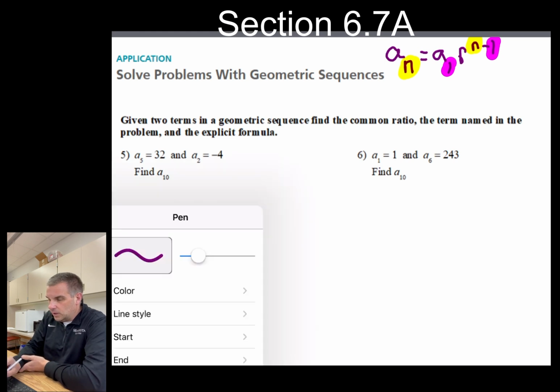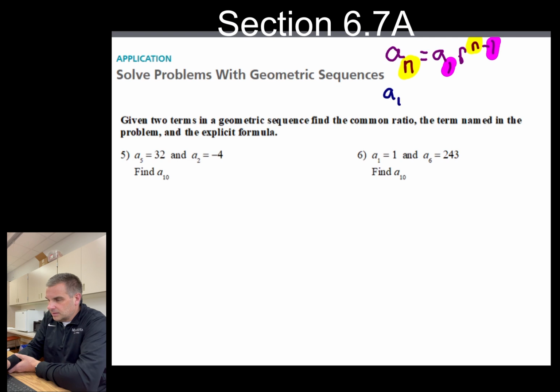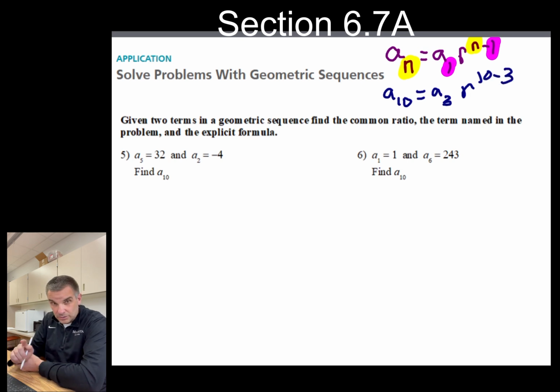So if I wanted to find, say, the 10th term, and I was given the third term, I can do that as long as I go to r to the 10 minus 3. I can do that, and that's okay. There's nothing wrong with that as long as we know what term it is.